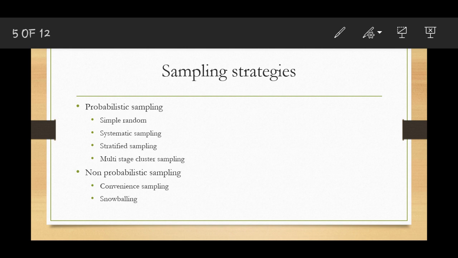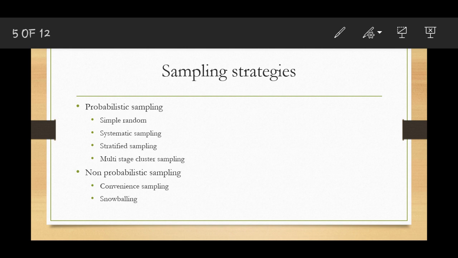In this case, we have two important strategies. One is convenience sampling, and the second one is snowballing. But there are other strategies like purposive sampling or volunteer sampling.